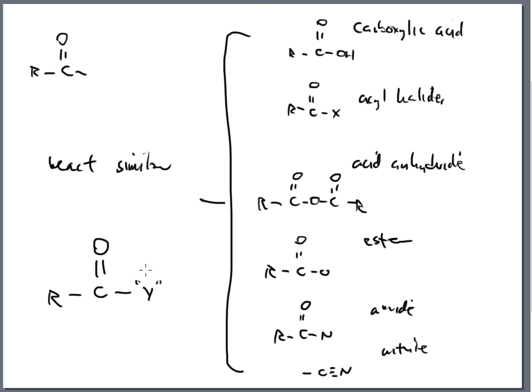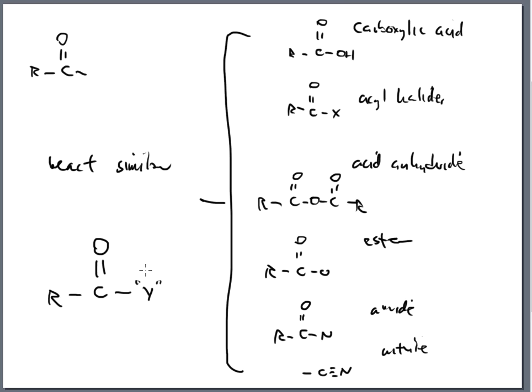If it is an O, it's an ester. If it's an N, it's an amide. That Y piece will change depending on what type of carbonyl I have. So if I'm pulling out of this group of compounds, the reactions have the same mechanism.